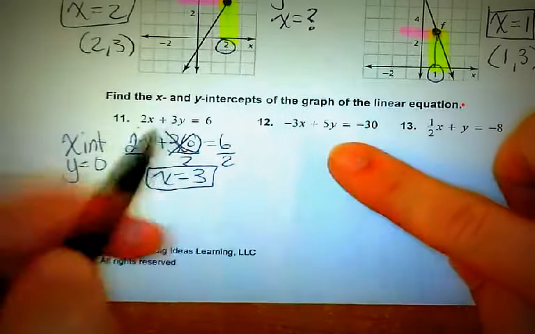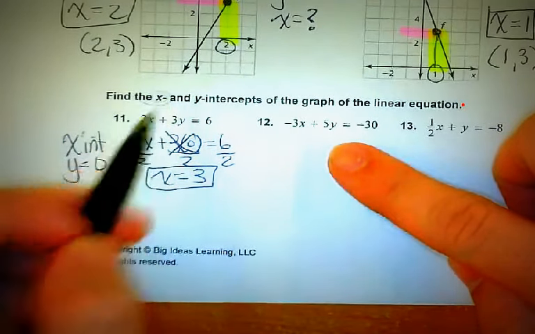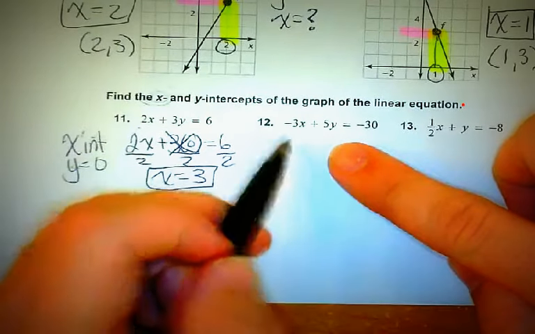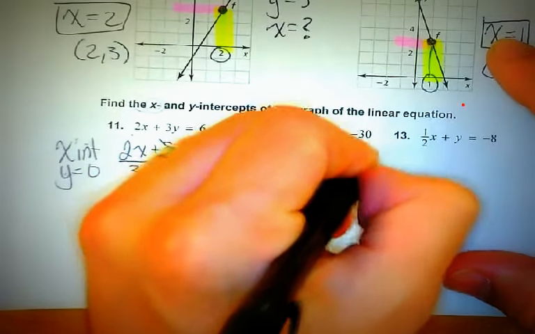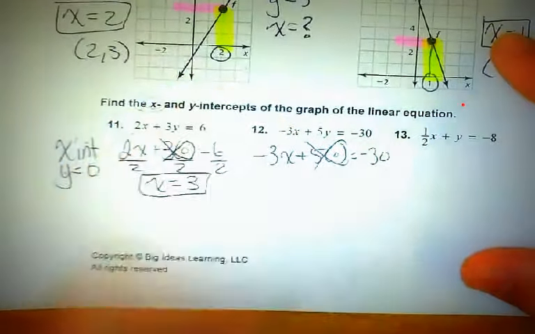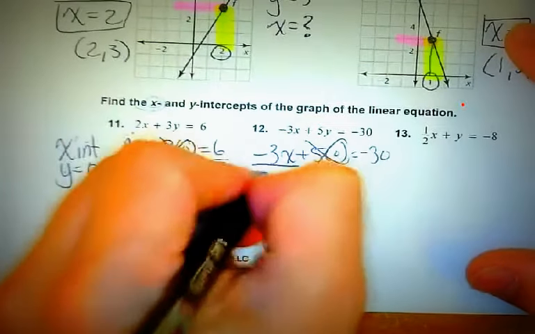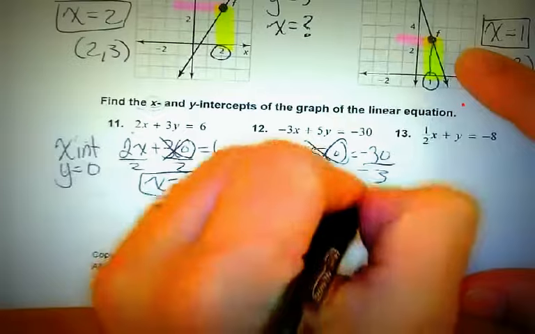On the next one, we're going to stay with our x-intercepts. X-intercepts are where y equals 0. So we have negative 3x plus 5 times 0 is negative 30. This is 0. So divide by negative 3. X is 10.